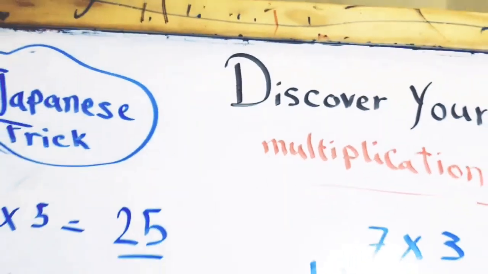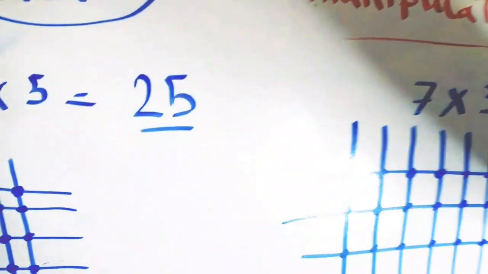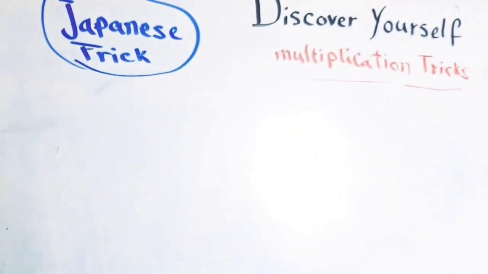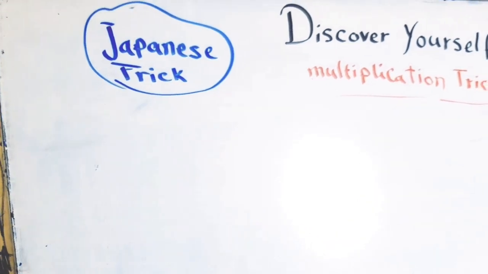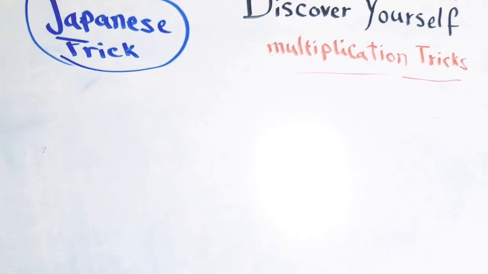But can we use the Japanese method for multiplying larger numbers? Of course we can. Let's see. We will try applying the Japanese trick for multiplying a 2-digit number by a 2-digit number.